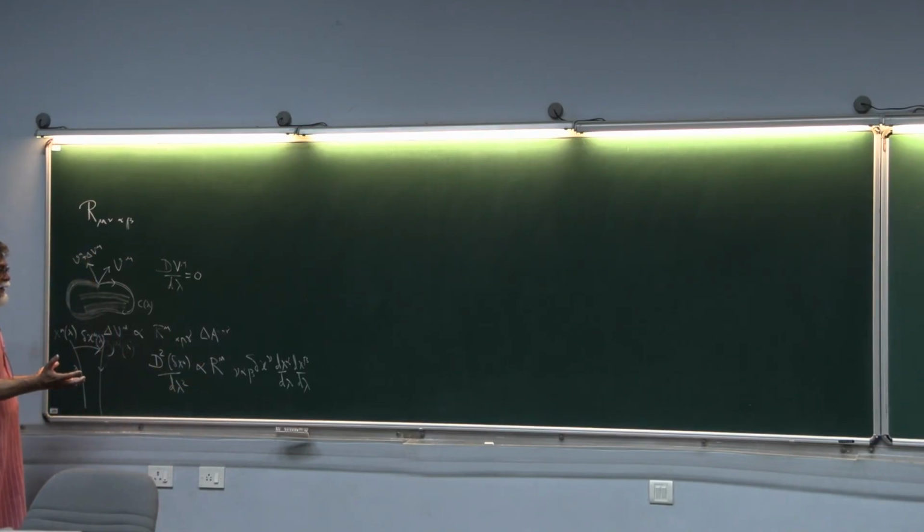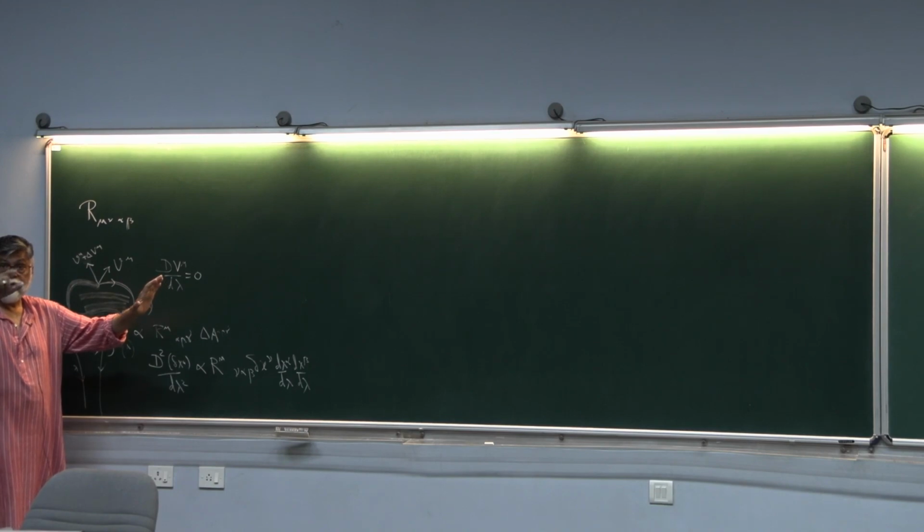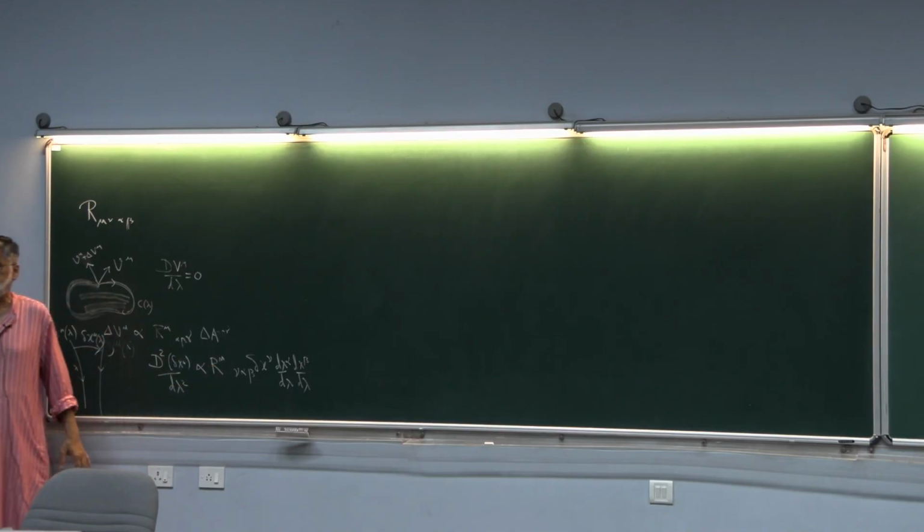Yesterday we said that when you go to Newtonian gravity, where G00 is approximately 1 plus 2 phi by c square, where phi is the Newtonian potential, this object is the second derivative of phi, which is the tidal field of gravitation. So Riemann tensor physically is responsible for all the tidal acceleration.